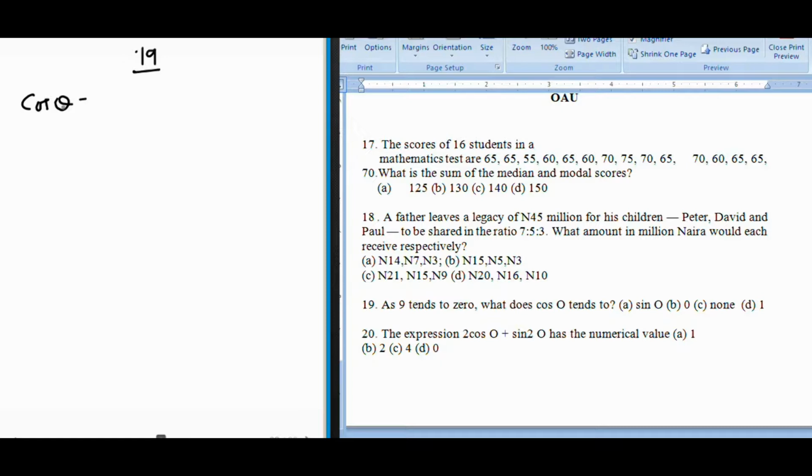Now, in solving this, substitute the value of theta by what it tends to, and that will be equal to cos 0. And cos 0 is 1. Which means as theta tends to 0, cos theta will become 1.